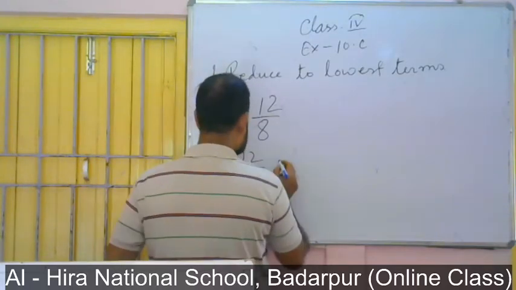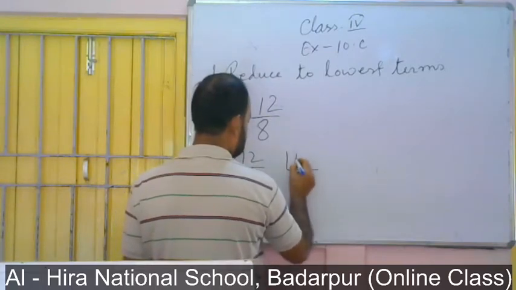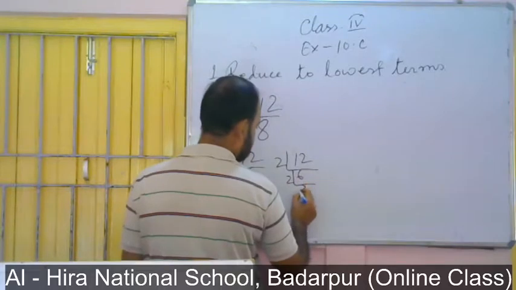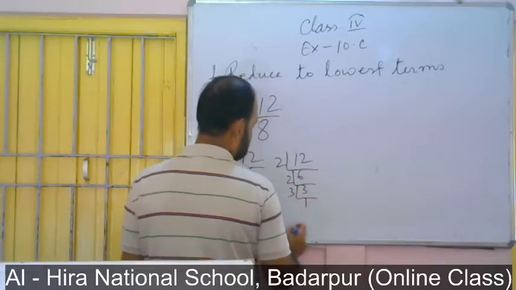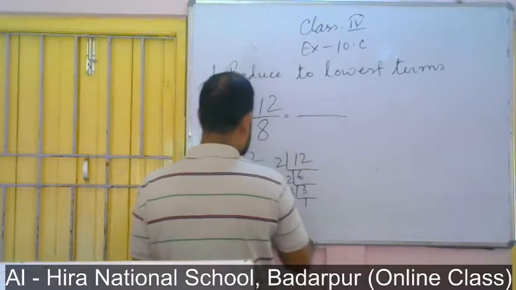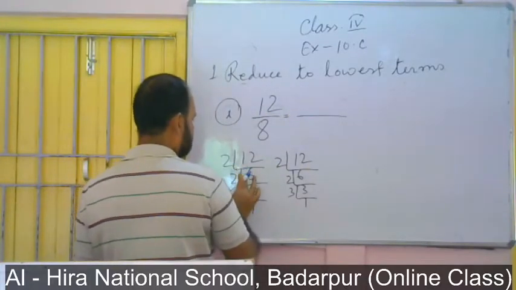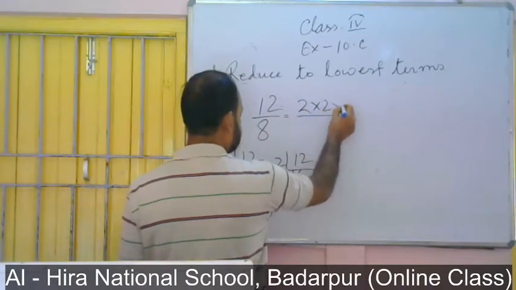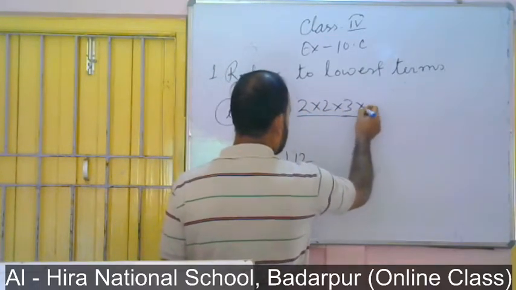Next, 12. 2 6s are 12, 2 3s are 6, 3 1s are 3. So here we get 12 equal to 2 into 2 into 3 into 1.